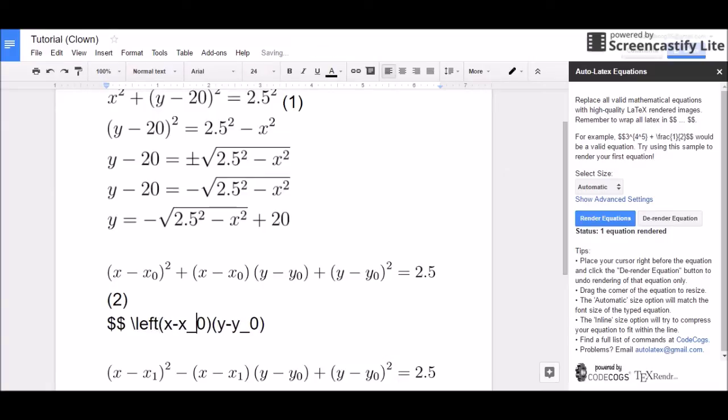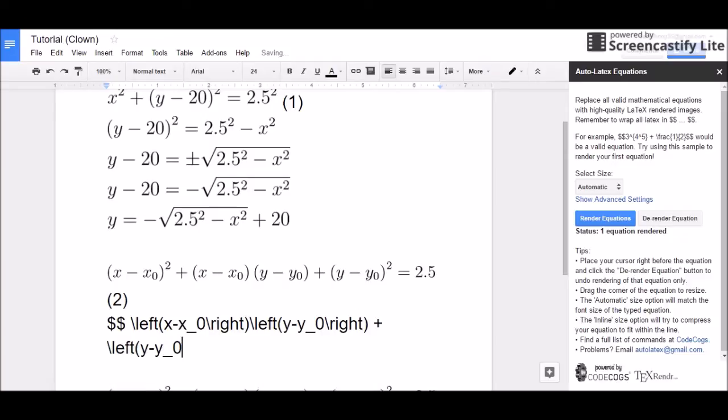Put the limiters there. Okay, we haven't done anything to this side yet. y minus y0. So that's this part right here, squared, equals 2.5 minus x sub 0 squared.